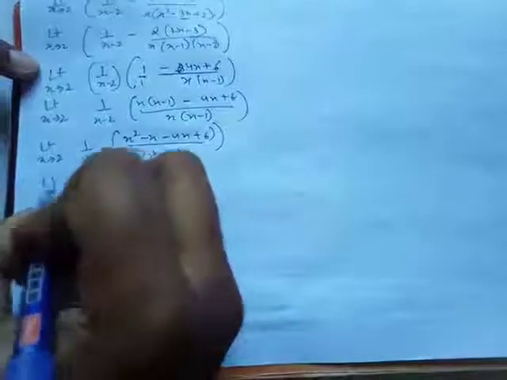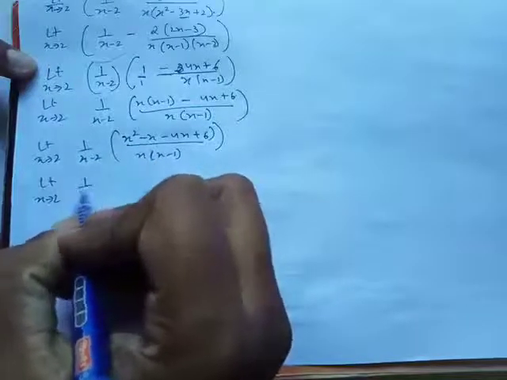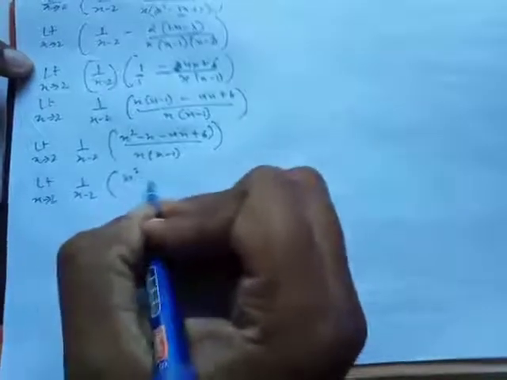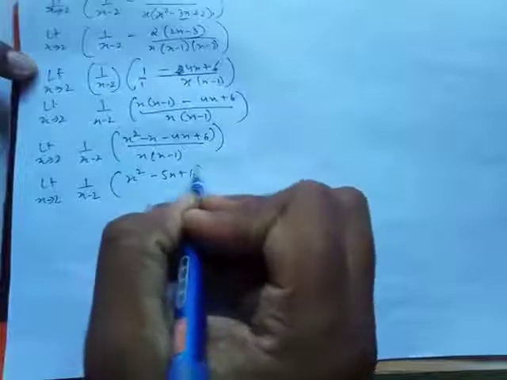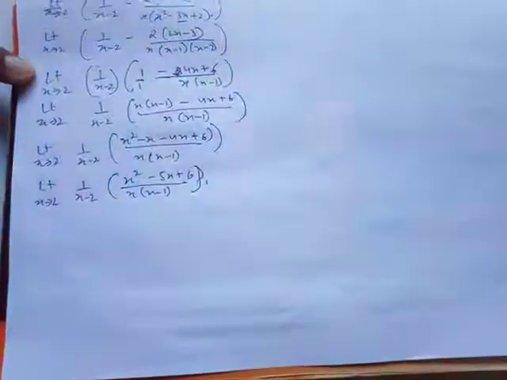Okay, limit x tends to 2 and then 1 upon x minus 2, and then if you have a look, this is again going to become a quadratic equation, which is going to be x square minus 5x plus 6.